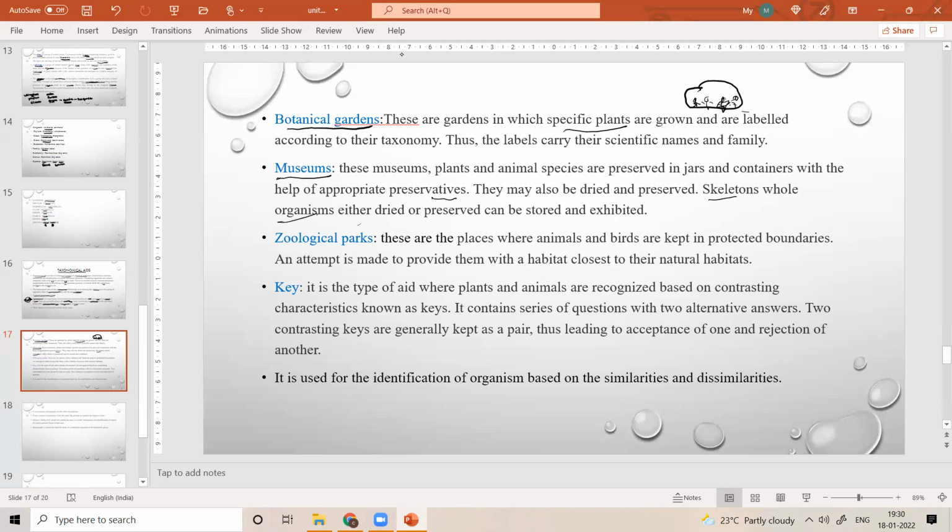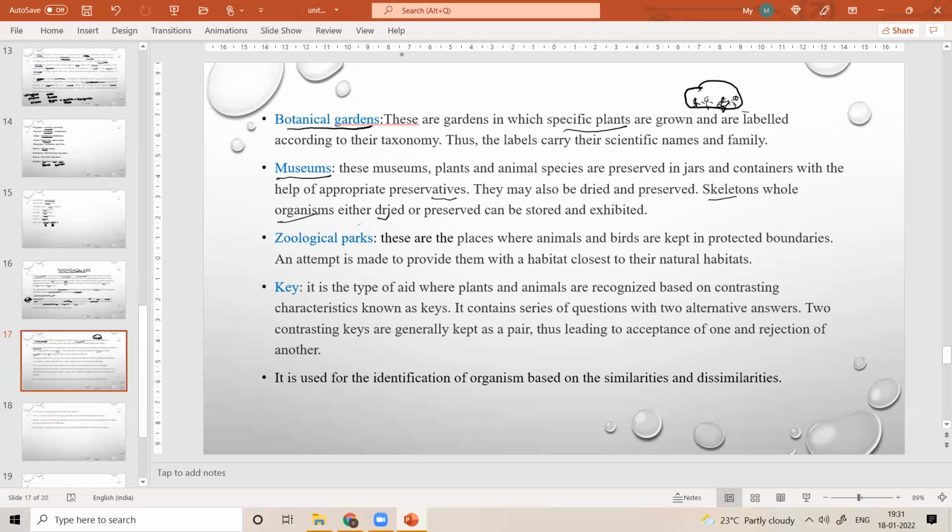So here in the museums, we can see skeletons and whole organisms, that may be dried and preserved. That means either they are dried and hung or preserved in chemicals. That kind of specimens are also available in museums.